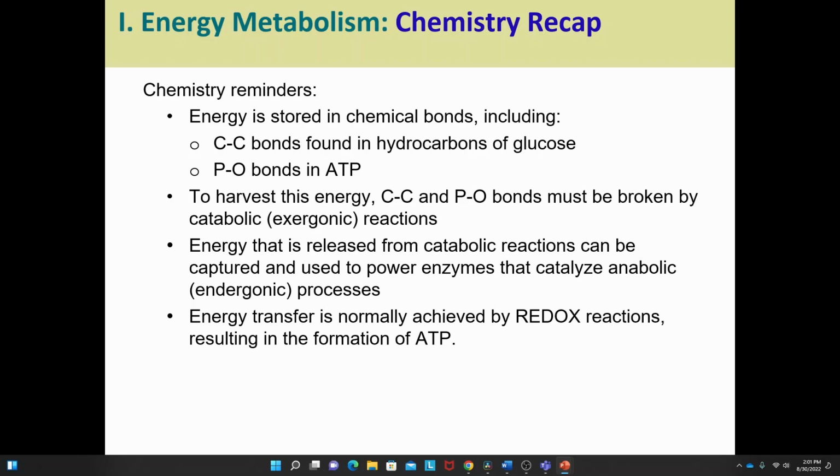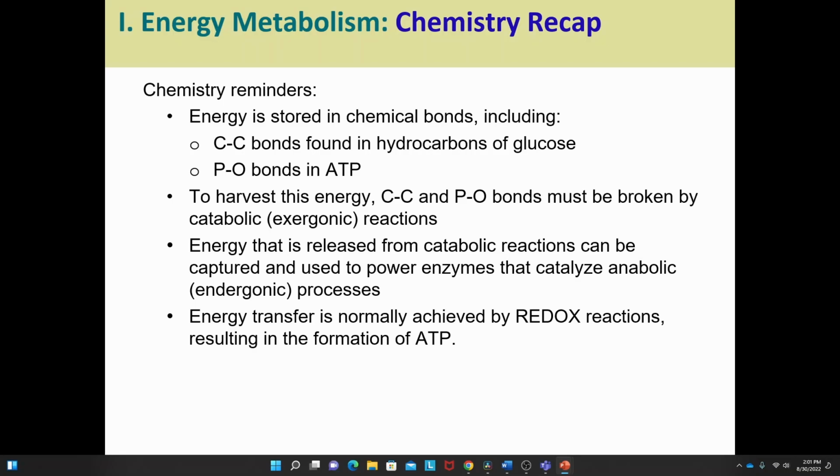So every chemical bond has some energy in it, but these are the ones we're going to focus on for this class, right? As the carbon-carbon bonds and the phosphate-oxygen bonds in ATP. So in order for us to get this energy from these chemical bonds, we have to break them, right? Catabolic reactions to break them, because when we go through that breaking, it's going to release the energy from those bonds.